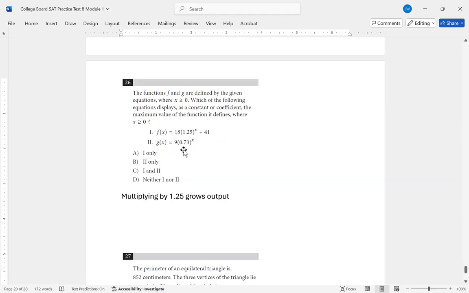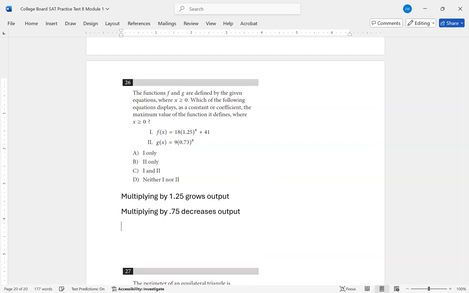All these numbers are positives. If I want my constant to be the biggest value, then I want the output to be decreasing. And therefore, 2 only has it so that when I plug in an x of 0, it's the biggest value.